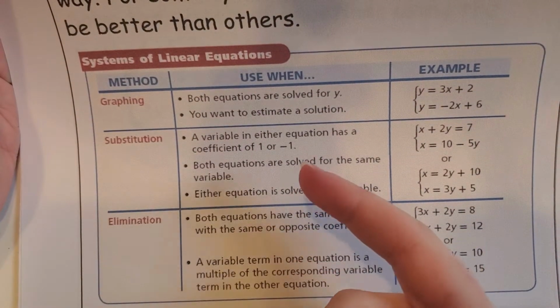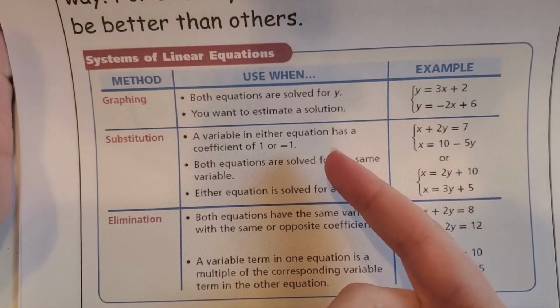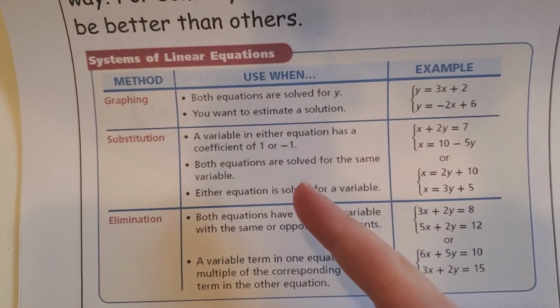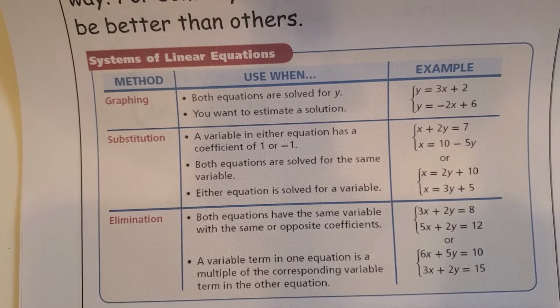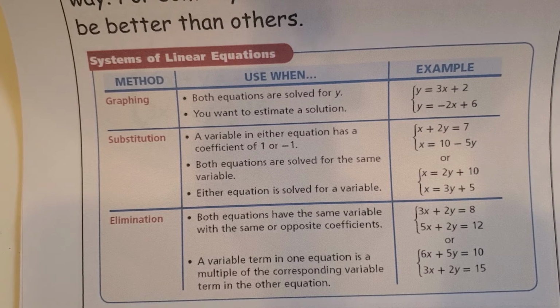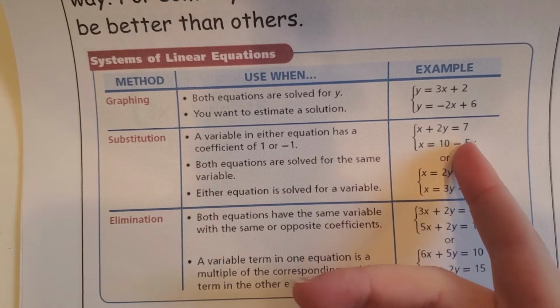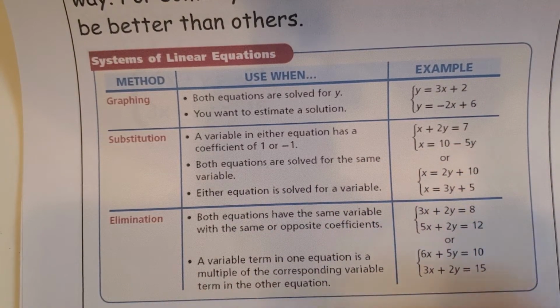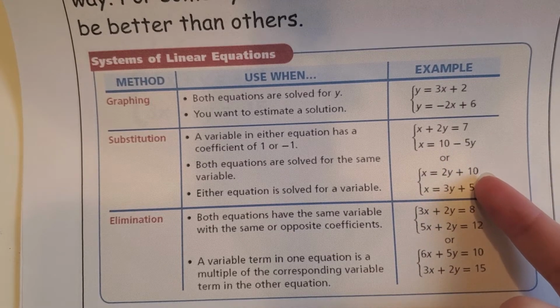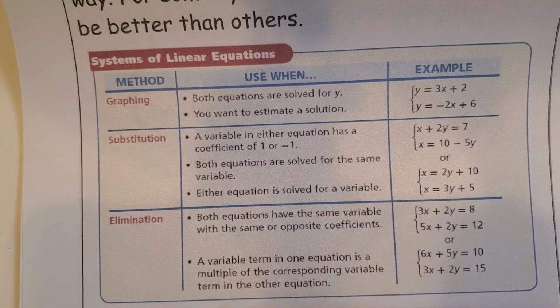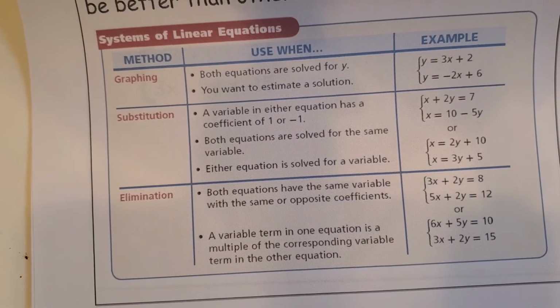If you have a coefficient of 1 or -1, mostly 1, in front of any one of your variables in either one of the equations, substitution might be your best bet. Or if you already have something solved for one of the variables, like y equals mx plus b or x equals 10 minus 5y, substitution will probably be easier.